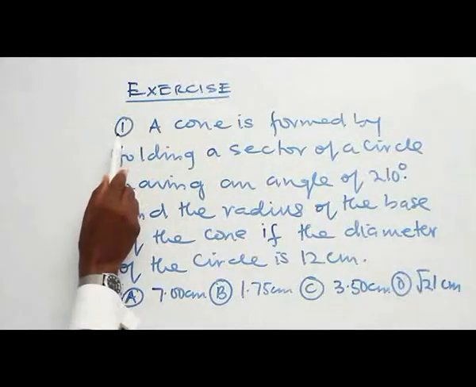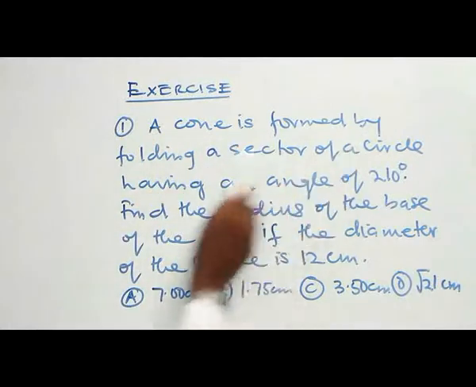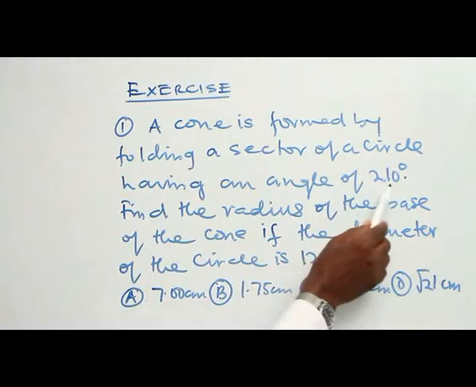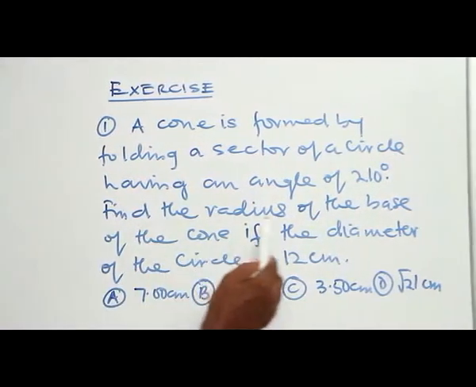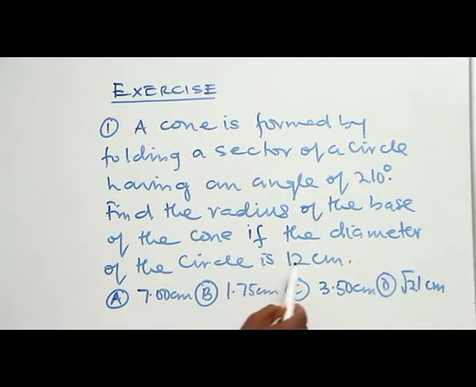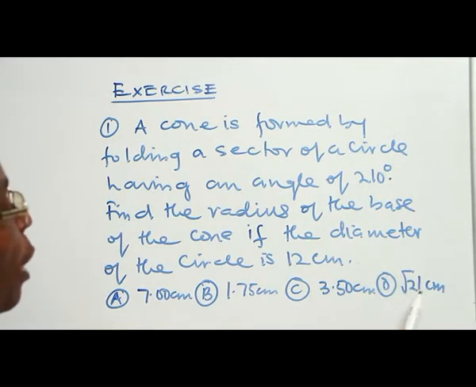Exercise number 1. A cone is formed by folding a sector of a circle having an angle of 210 degrees. Find the radius of the base of the cone if the diameter of the circle is 12 centimeters. Option A, 7 centimeters, B, 1.75 centimeters, C, 3.5 centimeters, and D, √21 centimeters.